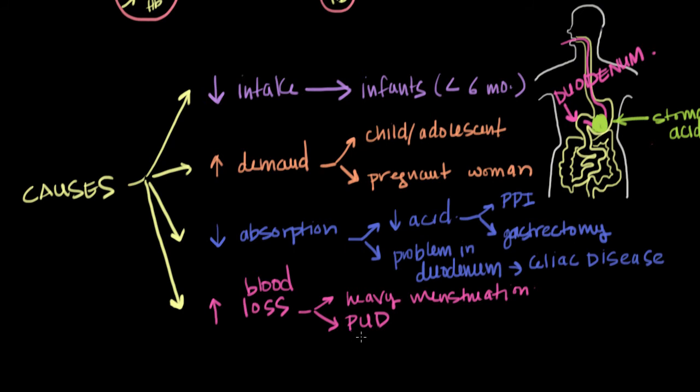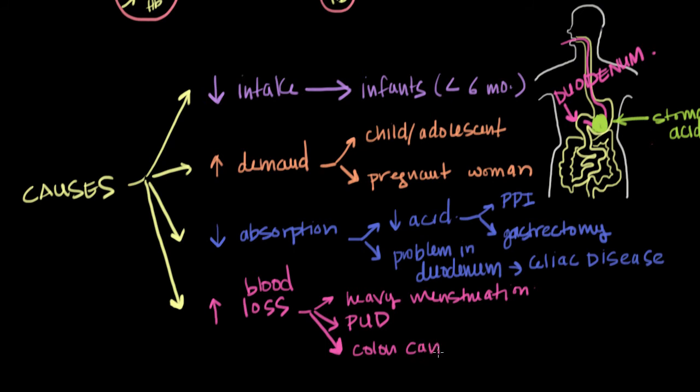Peptic ulcer disease refers to when you have ulcers either in the duodenum or sometimes in the stomach. A lot of times these ulcers can bleed, and with that increase in blood loss, you can end up with iron deficiency, right?